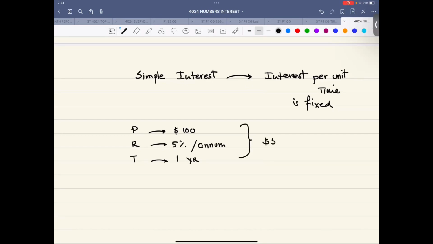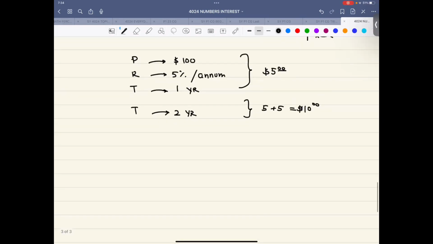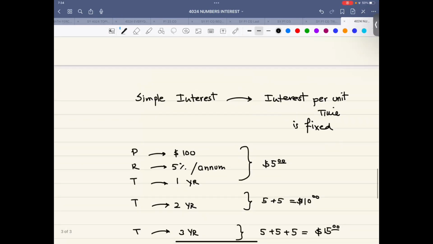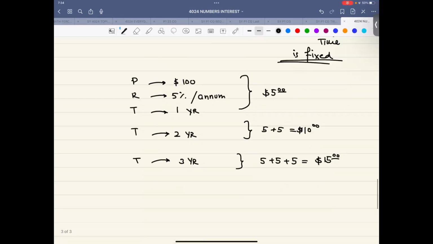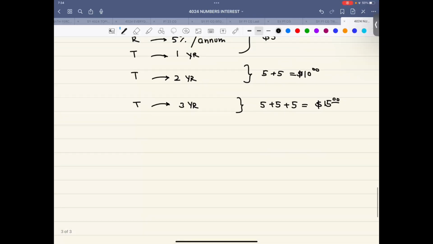If the time period is 2 years, everything else constant, this is another $5. So this is 5 plus 5, that is $10. And if I say that the time period is 3 years, you can very well guess that this would be 5 plus 5 plus 5, which will be $15, and so on. So therefore, the interest per unit time is fixed. That's how we do the calculation.